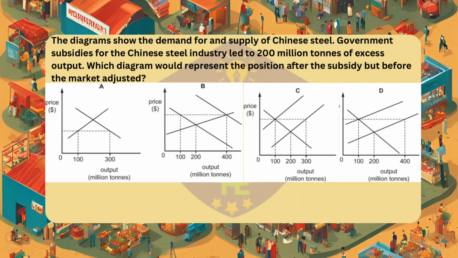The quantity supplied would be greater than the quantity demanded at this price level, illustrating the excess output. Therefore, the correct diagram would depict a rightward shift in the supply curve, a price above equilibrium, and a surplus representing the 200 million tons of excess steel. This is clearly shown in the diagram in option C.